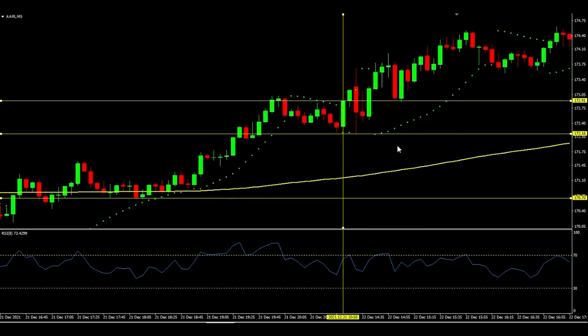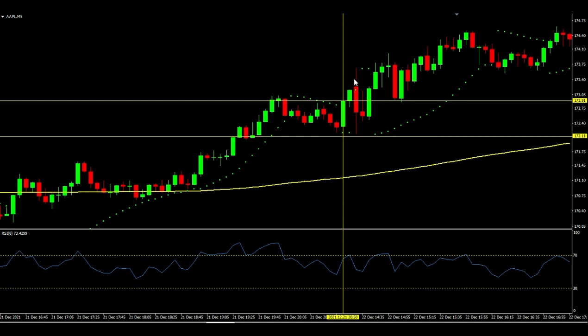Now another way of taking profit is 1-to-1. So your risk is 73, so you need a profit of 73 as well. The market goes up, it comes back down, but it doesn't take us out. We are still in the trade, and then the market keeps going up.